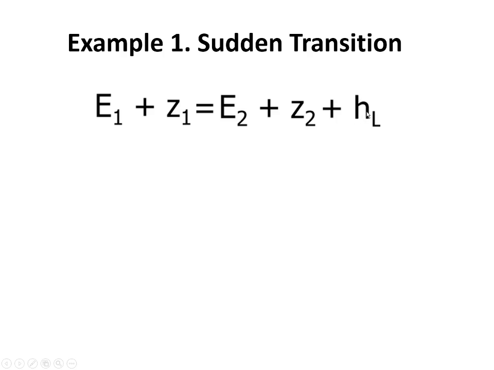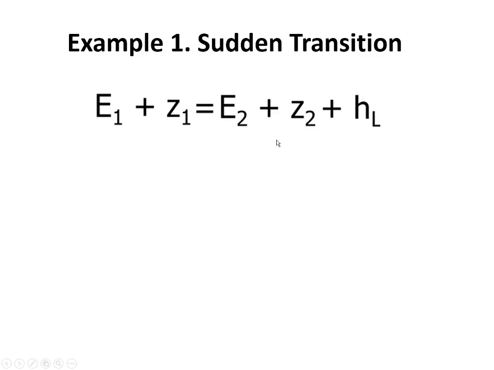And you remember that in the previous lecture we said that for the case of uniform flow we can remove the z terms. For the case of horizontal flows we can remove the z terms, and for the case of neglecting loss of energy, we can assume that E1 equals E2.